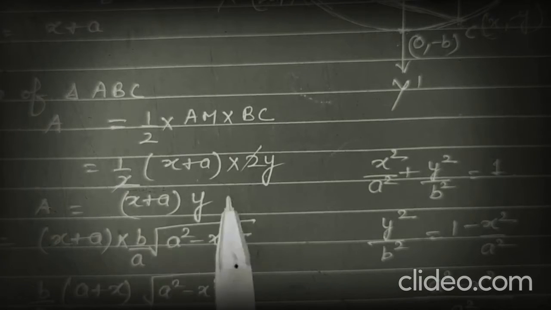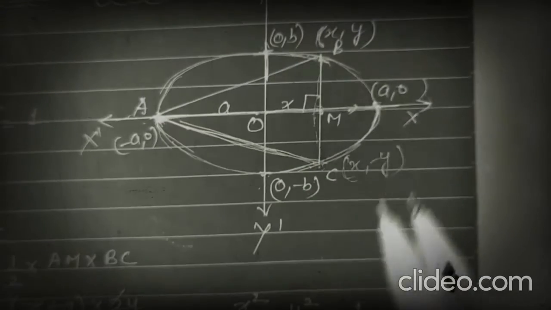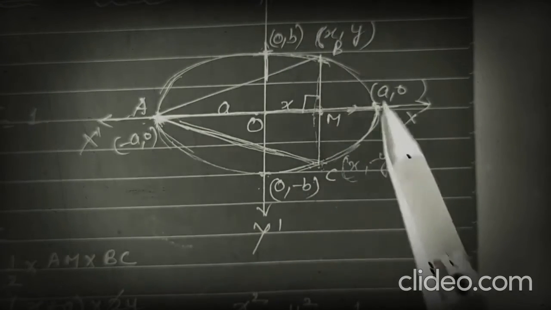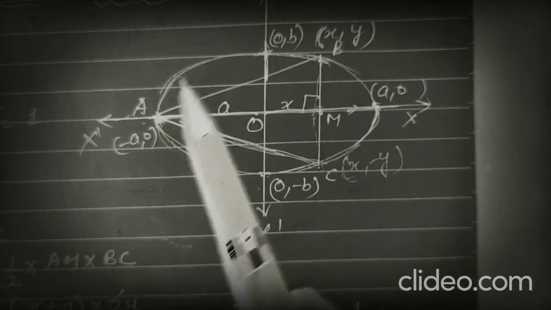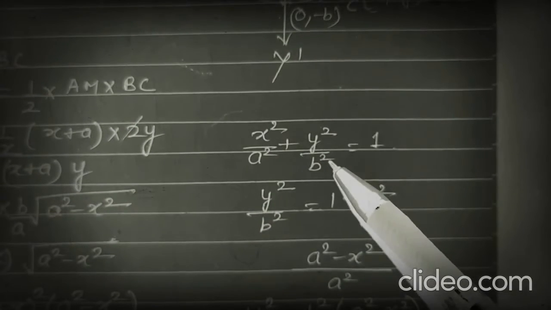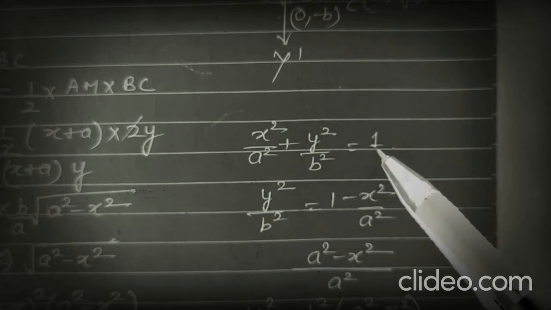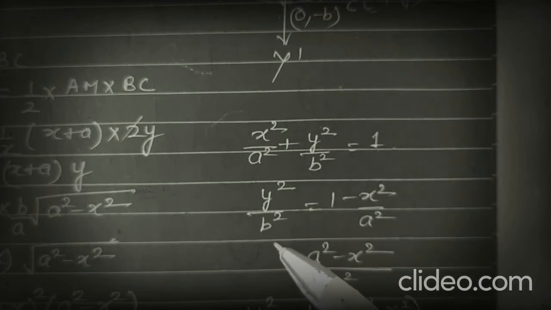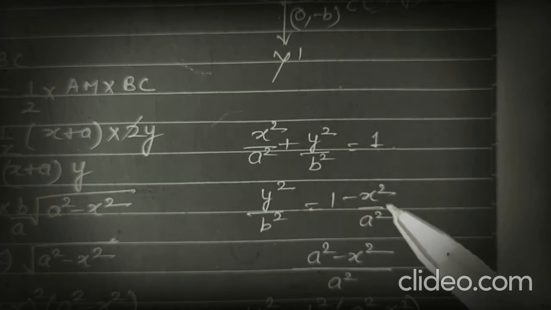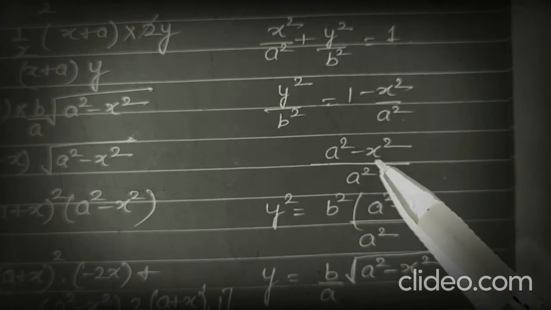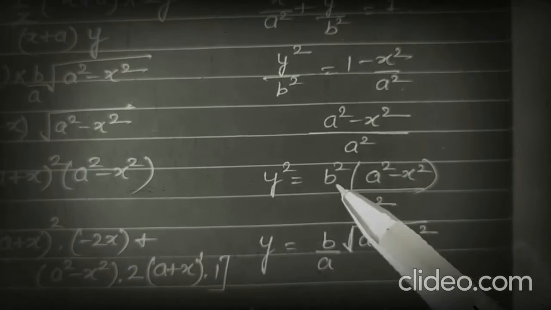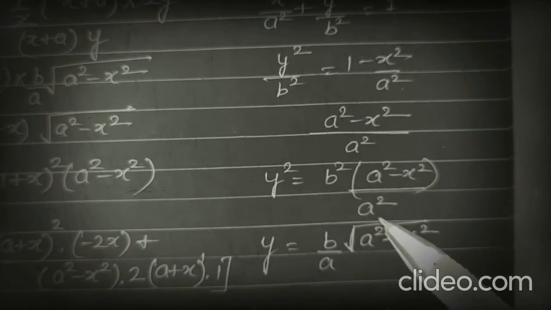So firstly we will change this into one variable, and this point (x, y) satisfies the ellipse because this point is also on the ellipse. So we can find y from the ellipse equation. x square upon a square plus y square upon b square is equal to 1. So y square upon b square is equal to 1 minus x square upon a square. So after solving we will get y square is equal to b square into (a square minus x square) upon a square.